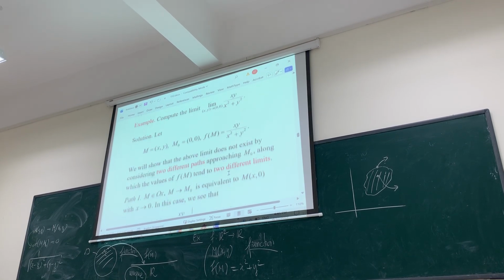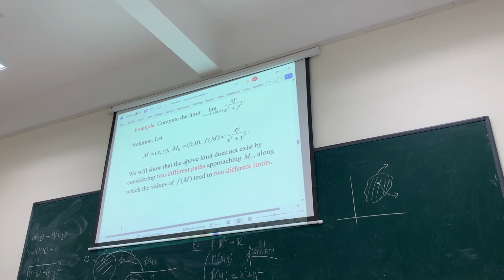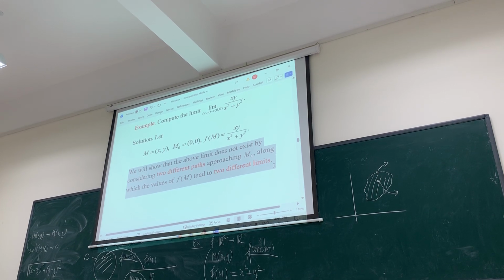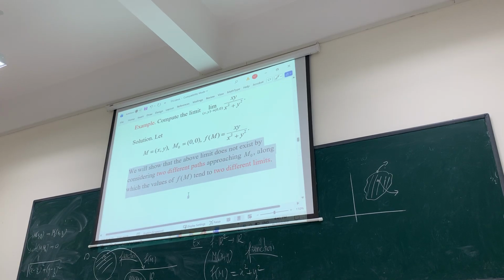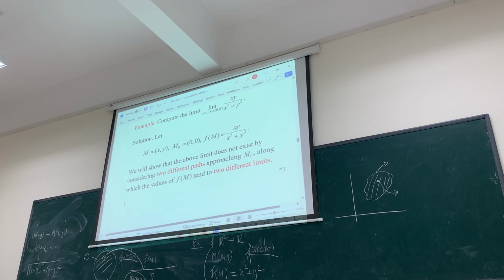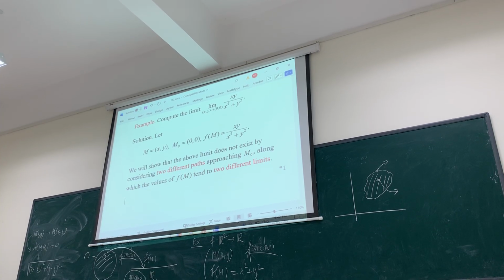Now the idea: we will show this by considering two different paths approaching n0, along which the value of the function tends to two different limits. The idea. Okay, you can write down.